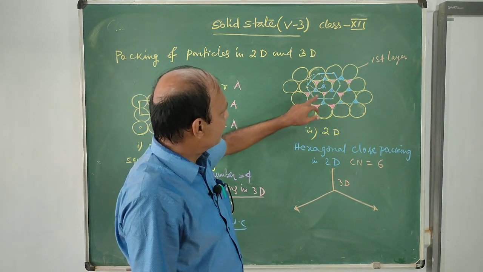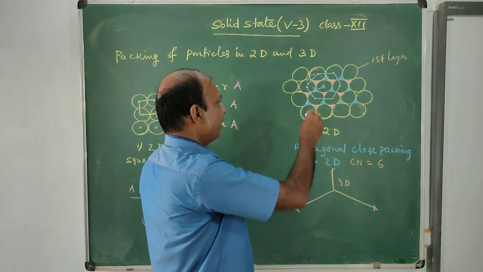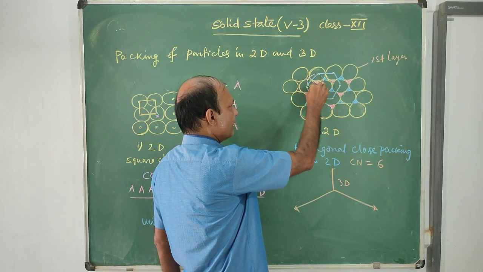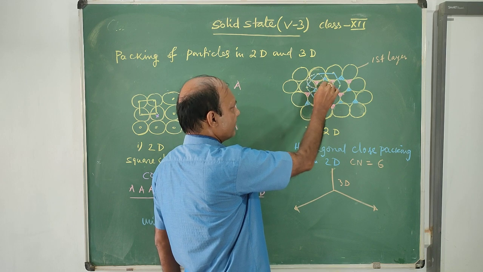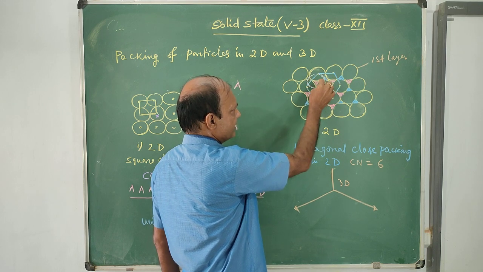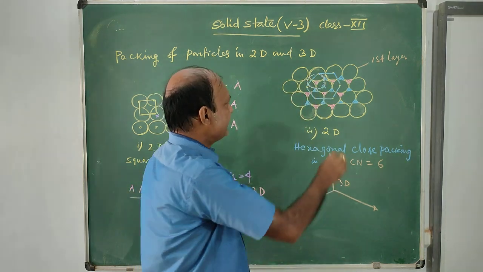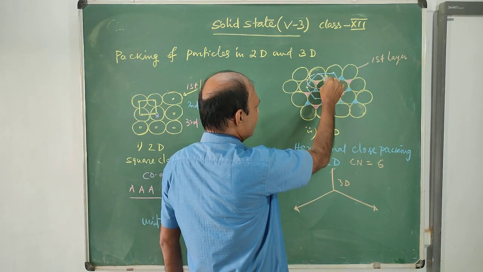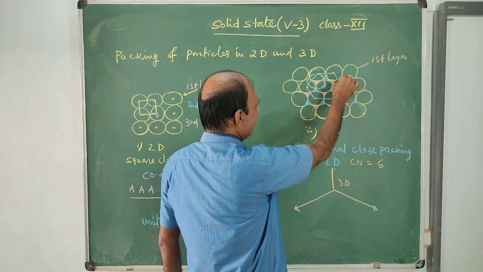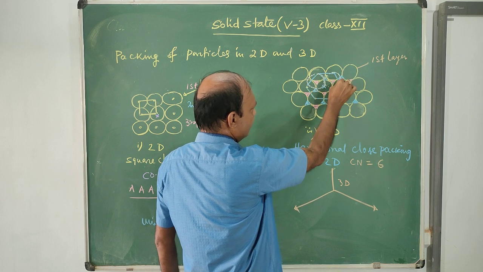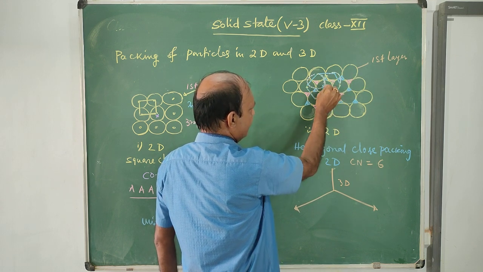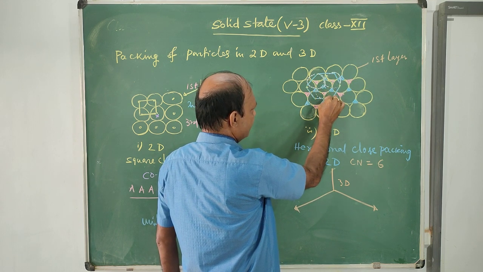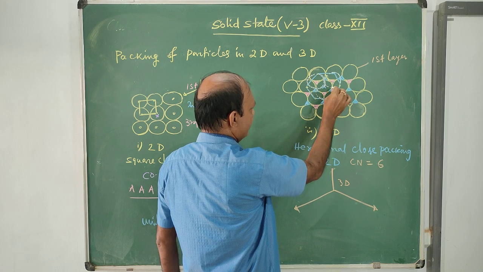So whenever you construct the second layer, by putting the spheres just above the pink triangular depression, this is pink triangular depression, you can place 3 such spheres. See, just above the center, and just above the center.